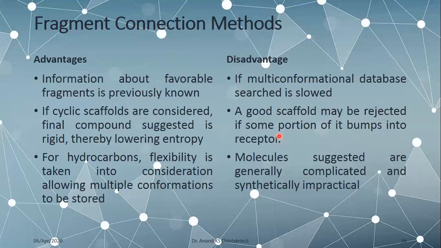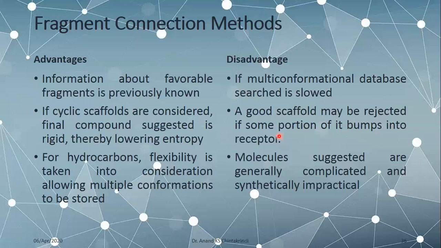In this case, flexibility is also taken into consideration, allowing multiple conformations to be stored in the database. Now, this adds to its disadvantage: if a multi-conformational database is used, the method will search for every conformation, and as a result, the search is slowed down.